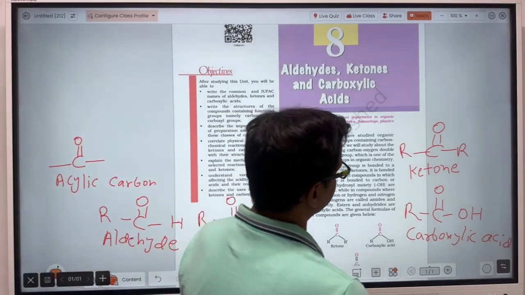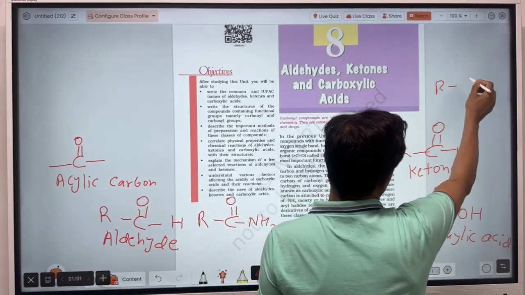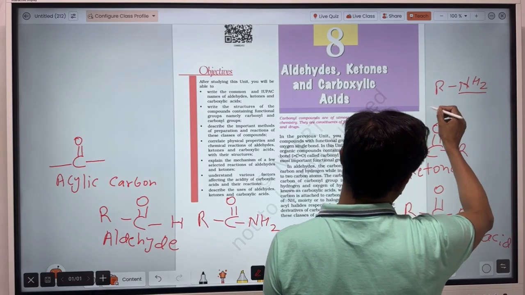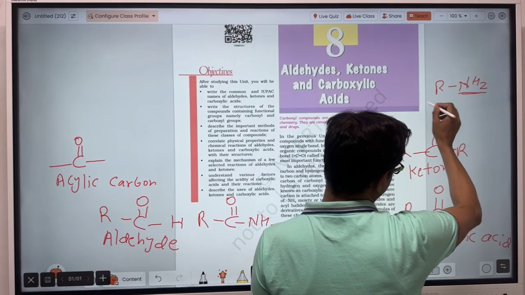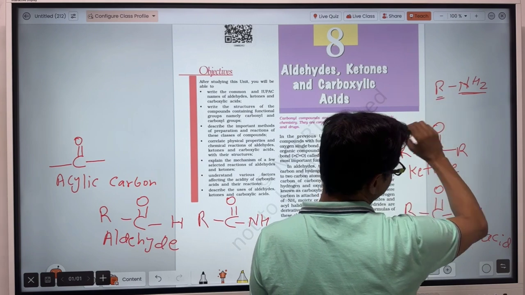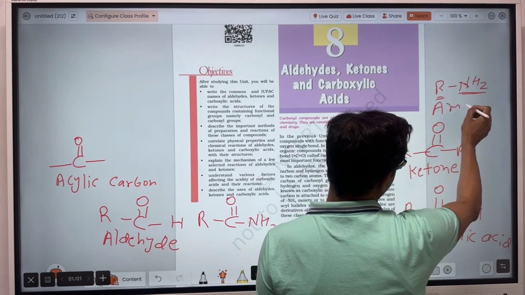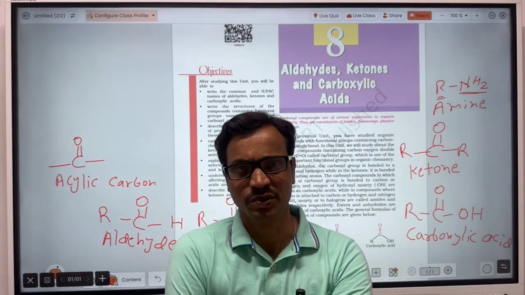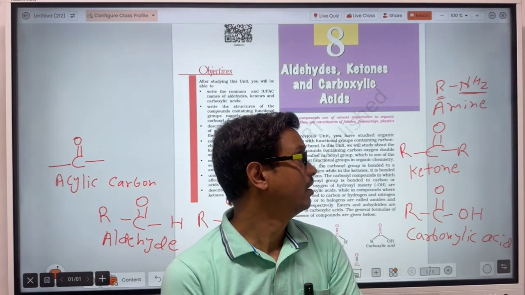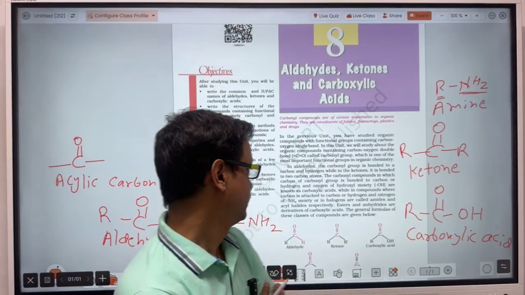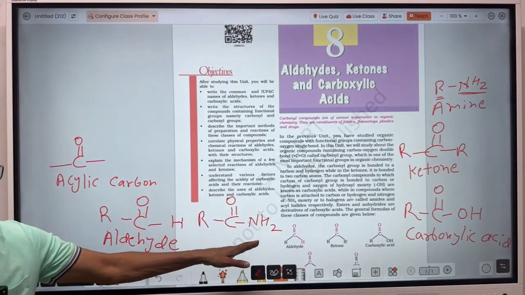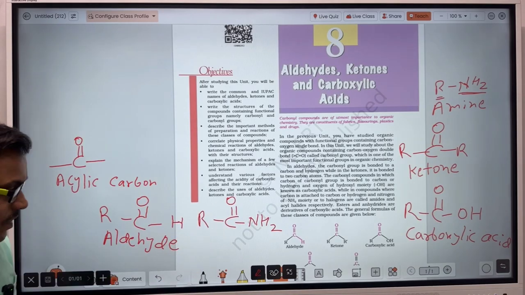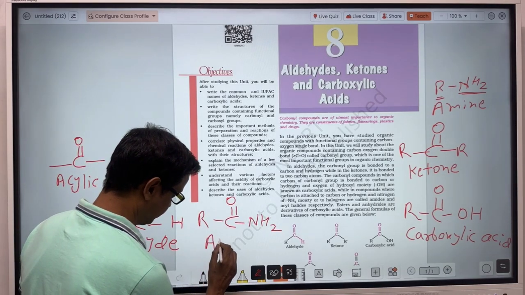The difference between amide and amine is that in the case of amine, the amino group is bonded directly to the alkyl group, so that will be called amine. And when the NH2 group is bonded to the acyl carbon, and that is bonded to the alkyl group, that will be called amide.